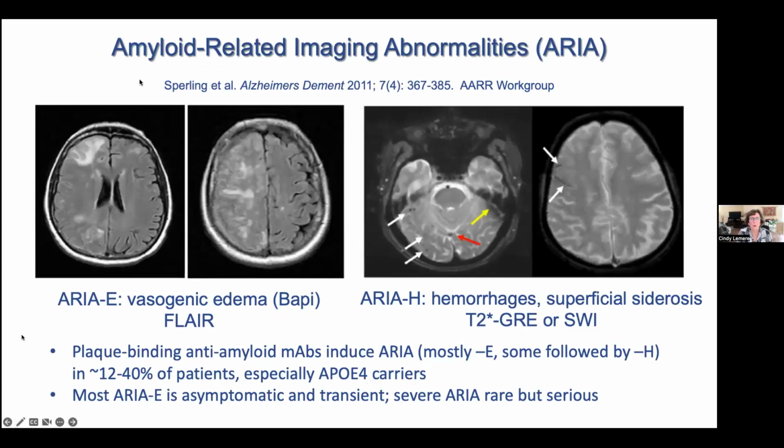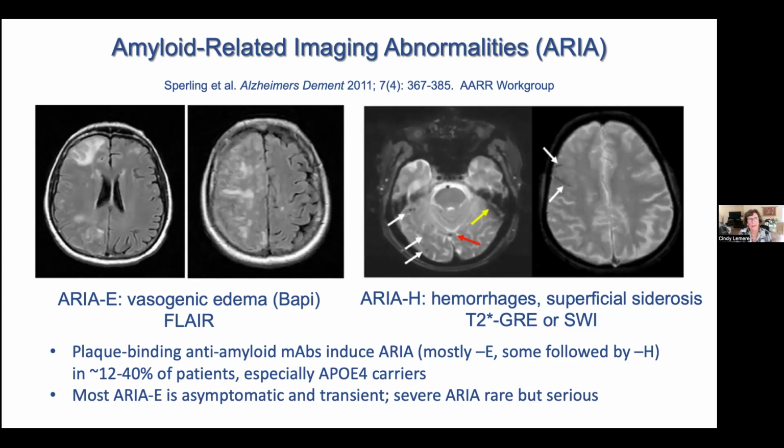So one of the side effects, or the main side effect, that's seen with these anti-amyloid antibodies, at least with the ones that bind to plaque amyloid, is that individuals start having either vascular swelling or edema, vasogenic edema in the brain, or microhemorrhages or superficial siderosis. And this is called amyloid-related imaging abnormalities because it was seen on MRI after treatment, and it's known as ARIA.